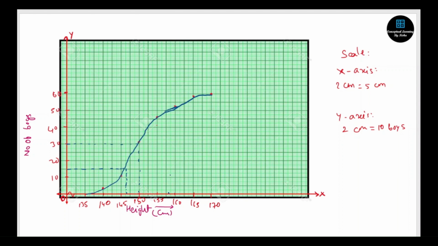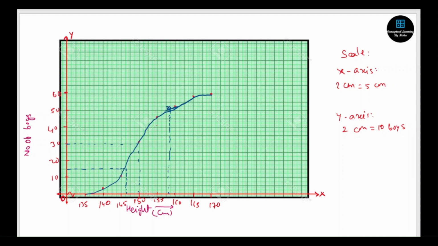If we go along with this on this Ogive graph, I'll get the value over here, which is almost just above the 50. So I can say this is 51, right?